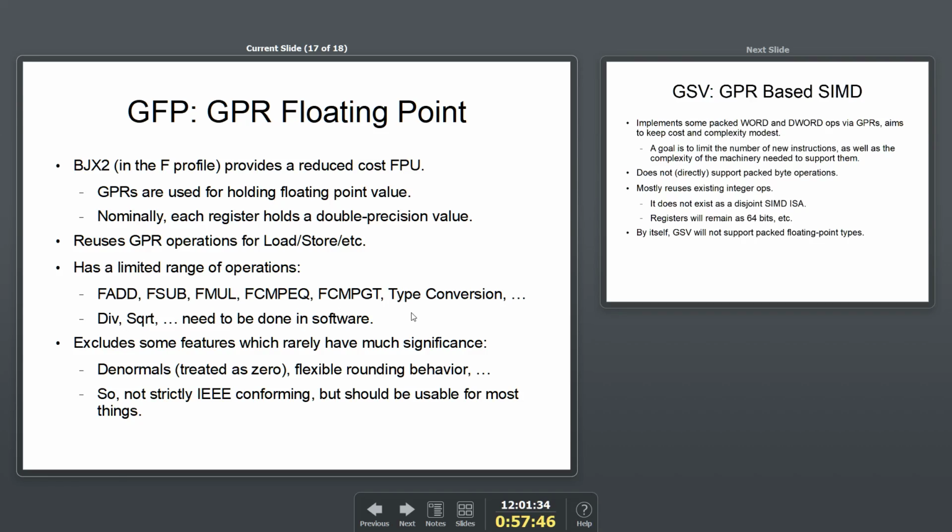It basically works and isn't too unreasonably expensive.